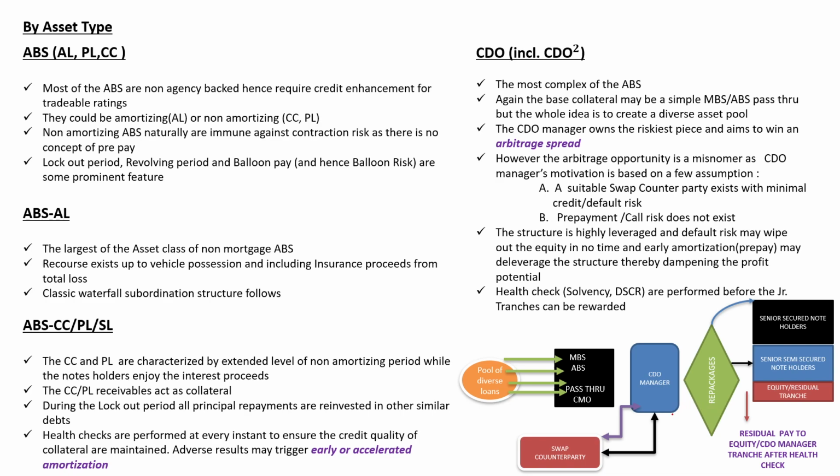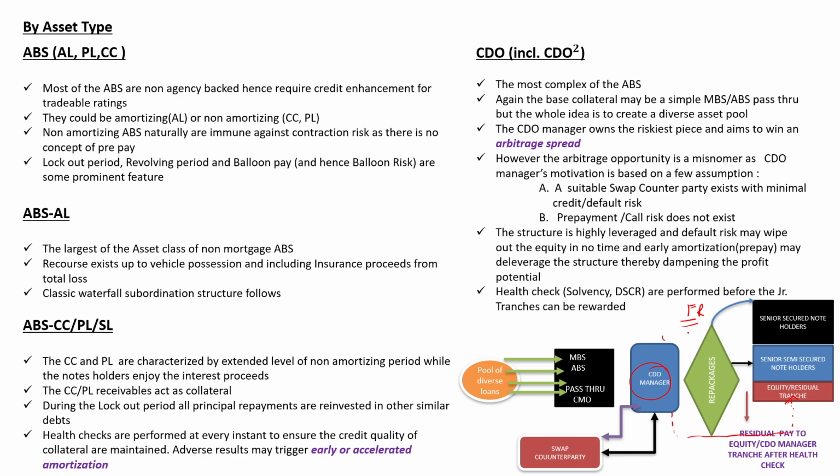In this equity tranche, the CDO manager also retains some stake so that the confidence of the note holders is retained. They do understand that the riskiest piece is also being owned partially, if not fully, by the manager who is selling these notes to them. So this boosts their confidence.